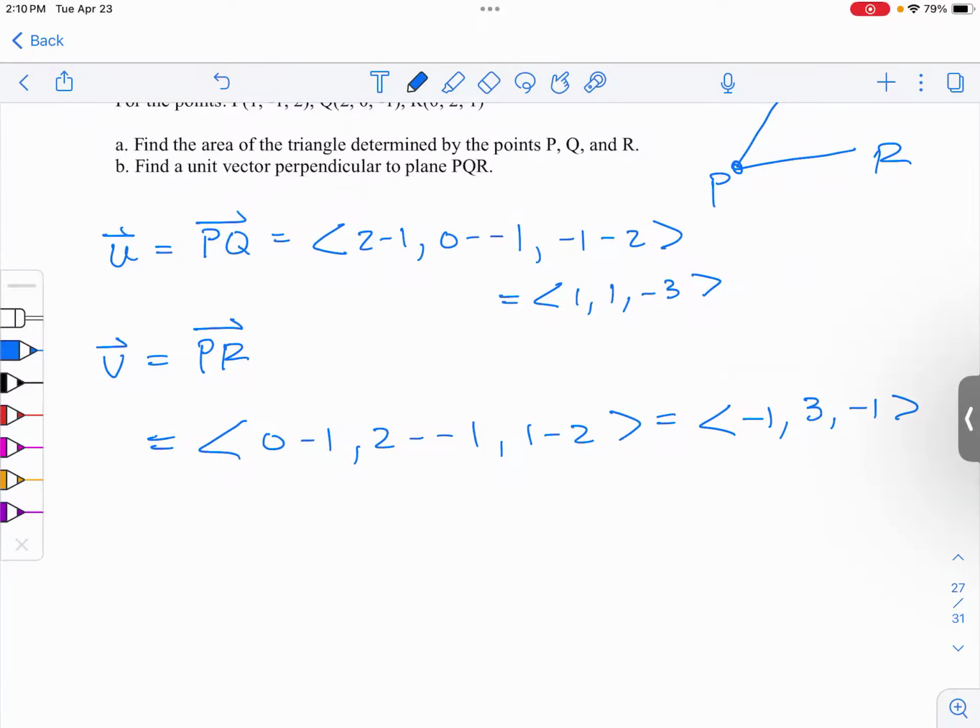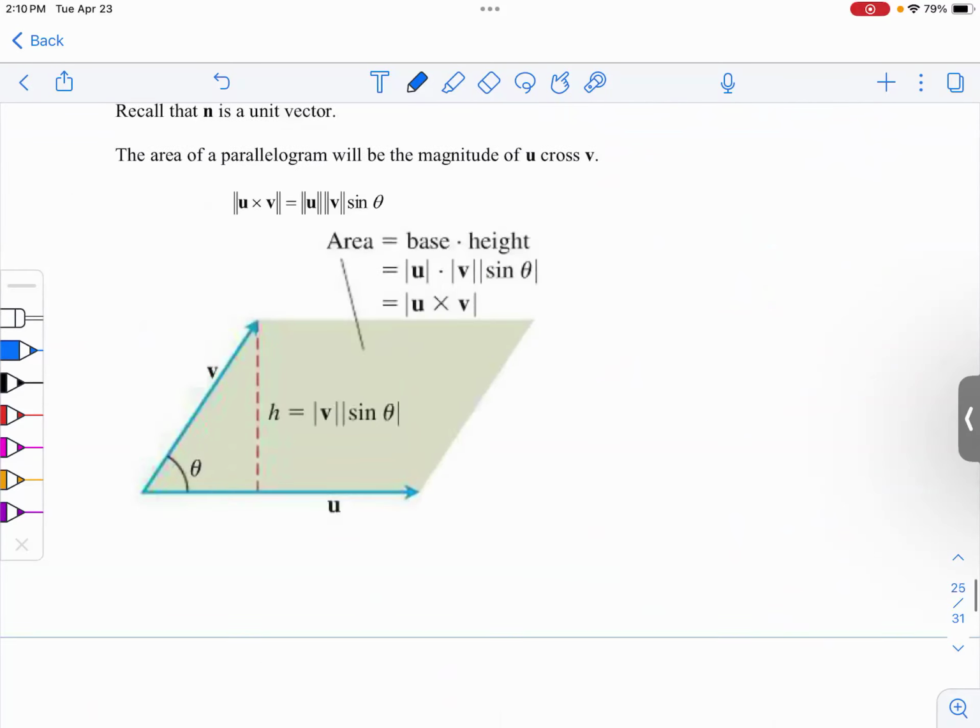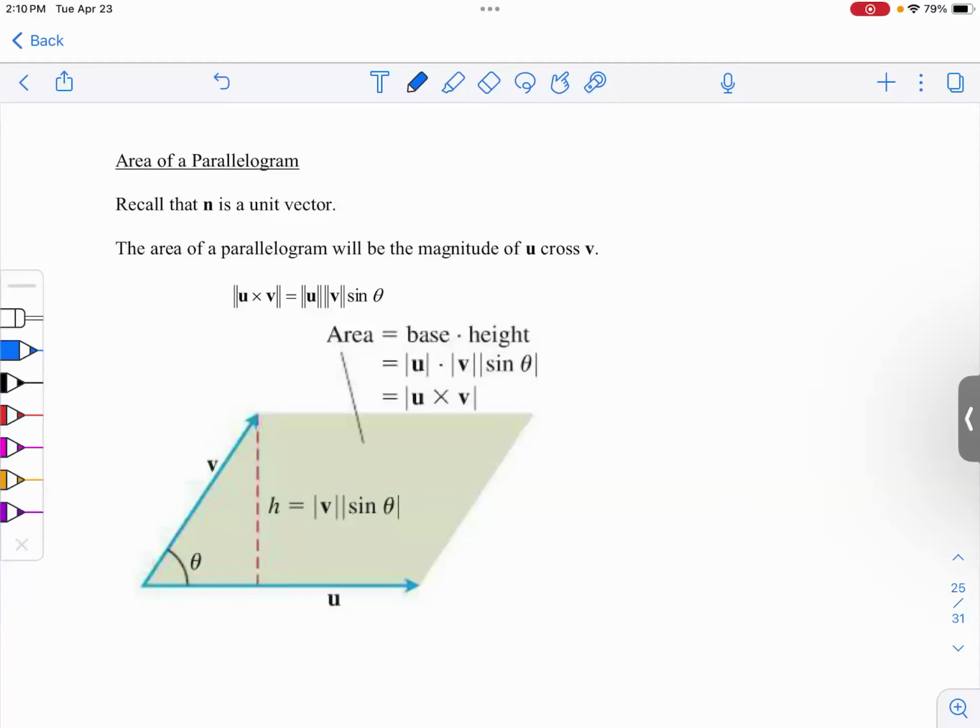Okay. All right, so we have our 2 vectors. And I want to find the area of the triangle determined by the points P, Q, R. So above, we found the area of the parallelogram. The area of a parallelogram is the magnitude of the cross product. But notice that a parallelogram looks a lot like a double triangle. If you cut it here, we find half the area of a parallelogram. Is that equal to the area of a triangle? Yeah.